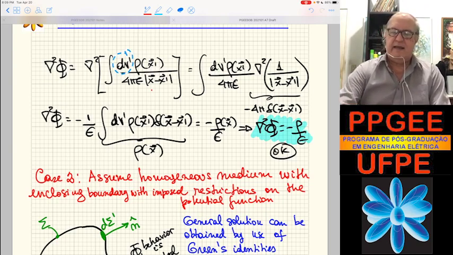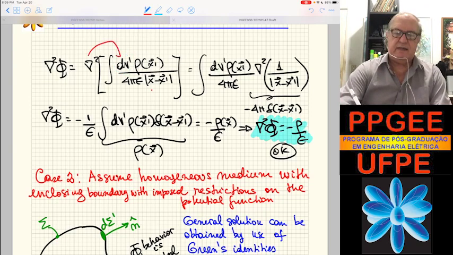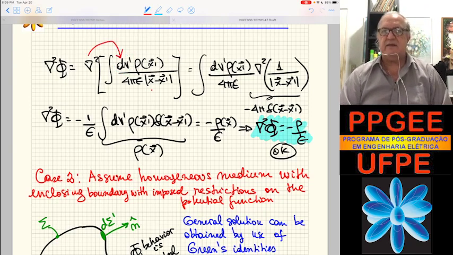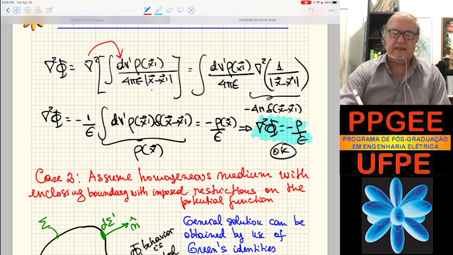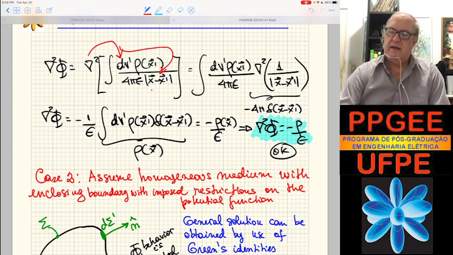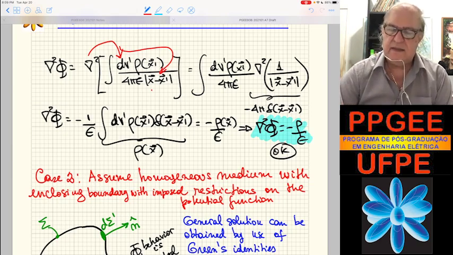So I can interchange the symbols of integral and Laplacian, because the Laplacian doesn't act on the integration variable. And I can just apply this directly to the inverse function, right? So I can just pass the Laplacian directly.